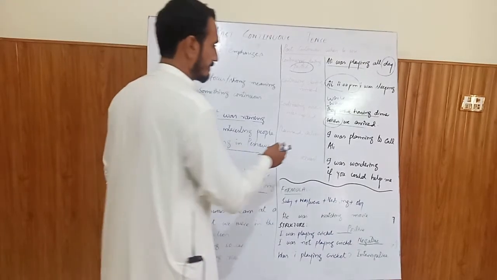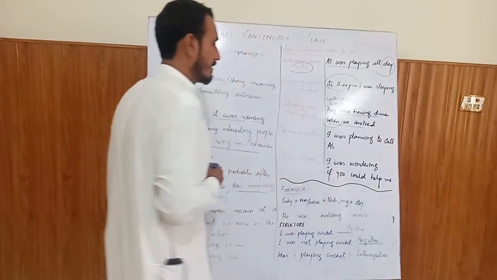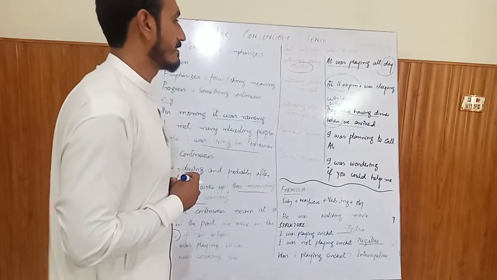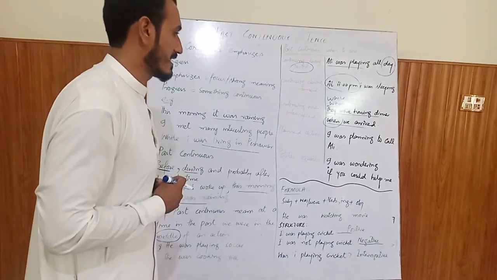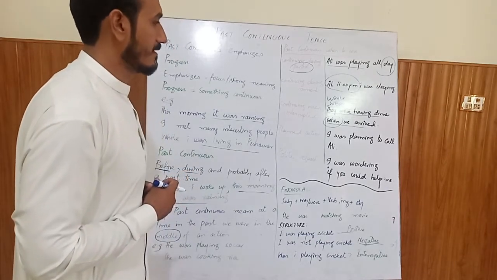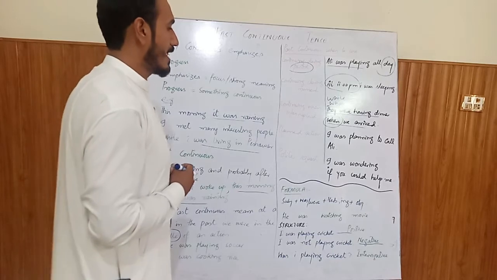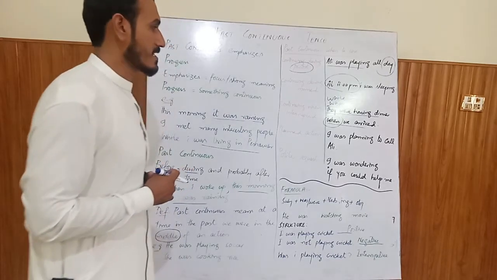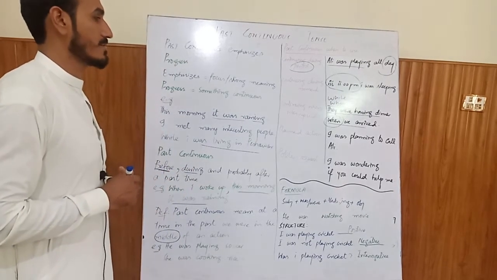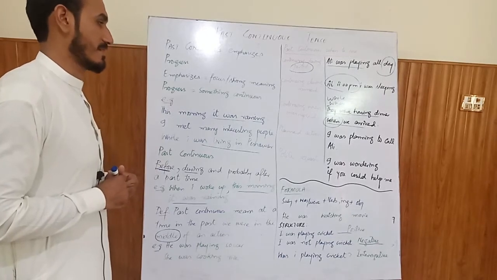For example, we arrived while they were having dinner. While we are using with past progressive, and when we are using in simple past tense.